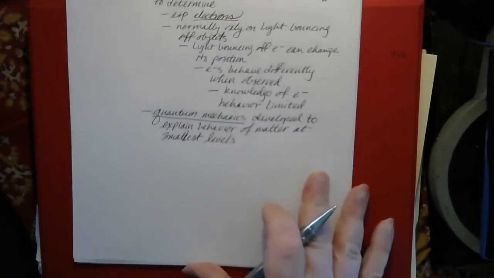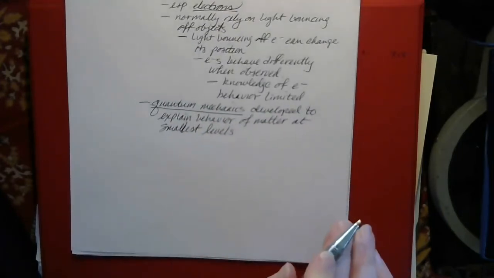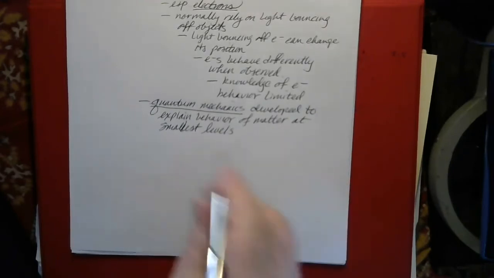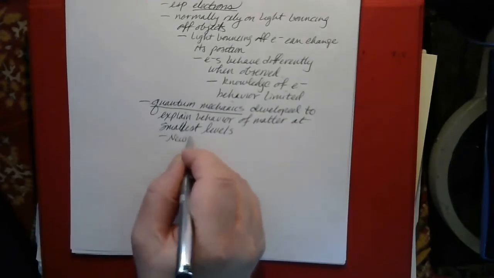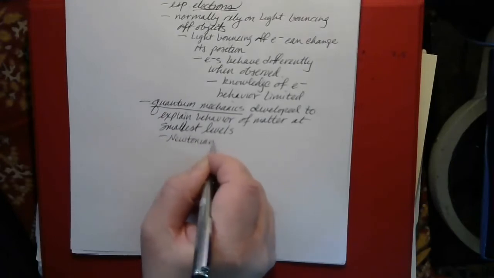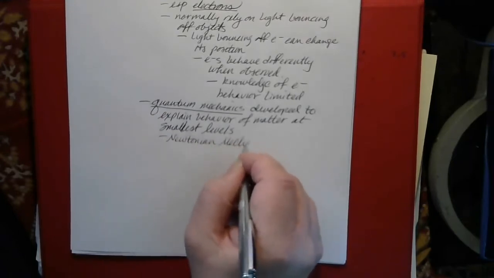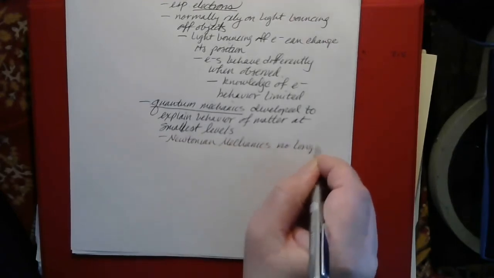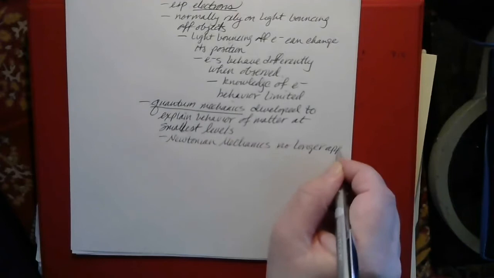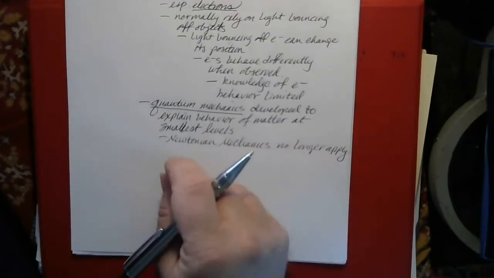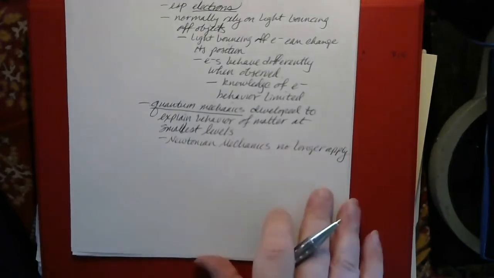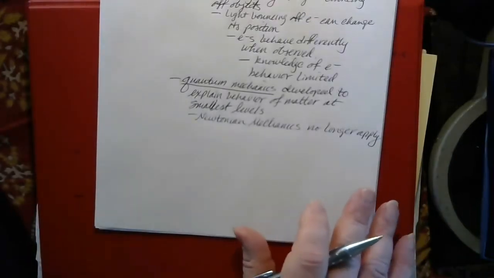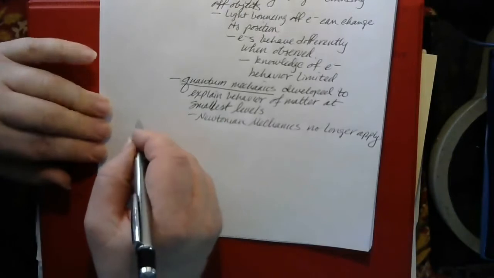And so basically you needed a whole new theory to understand how matter behaves at the very smallest levels. Okay, so our goal was to explain why matter behaves the way it does.